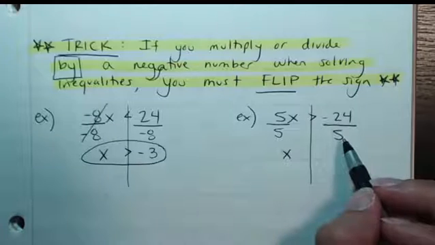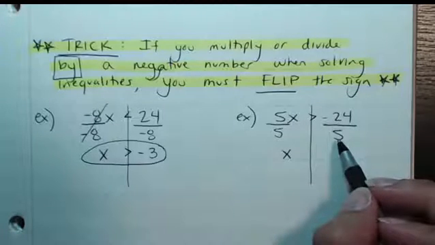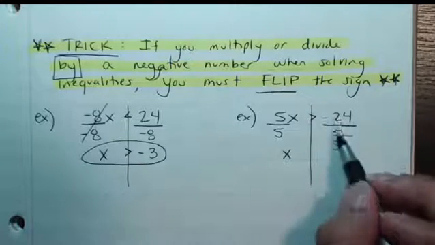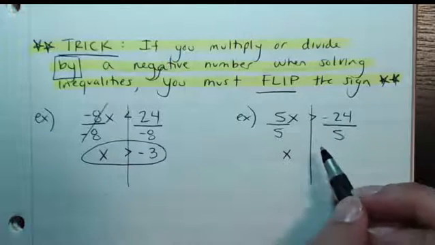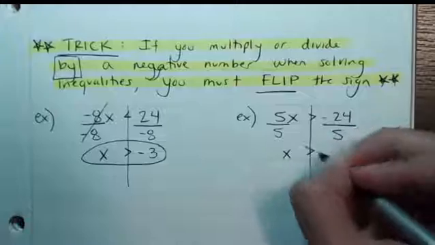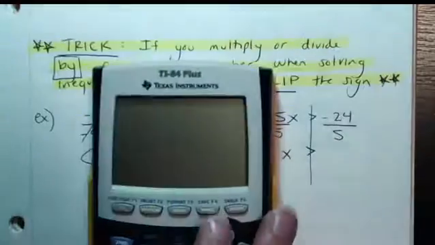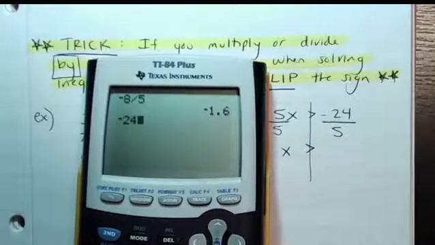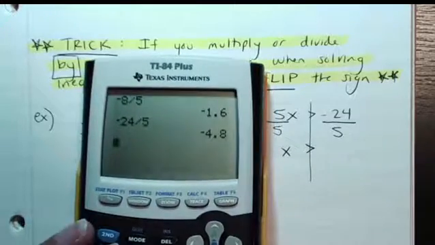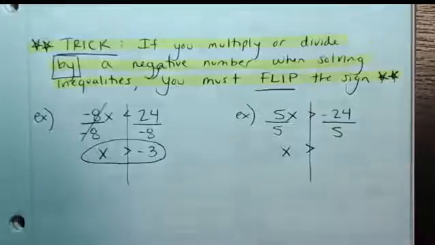So when I divided by a positive 5, although my answer is going to be negative because the top number is negative, I do not flip the sign. So it ends up staying greater than, and when I plug this into my calculator, negative 24 divided by 5 gives me negative 4.8.